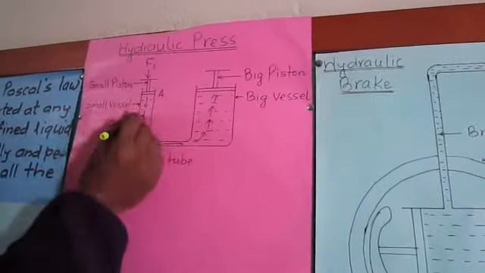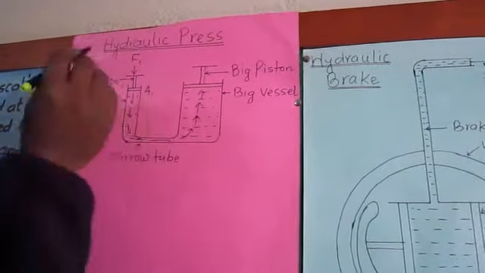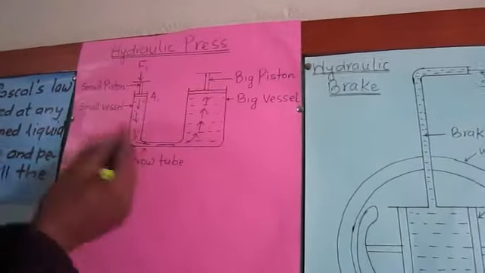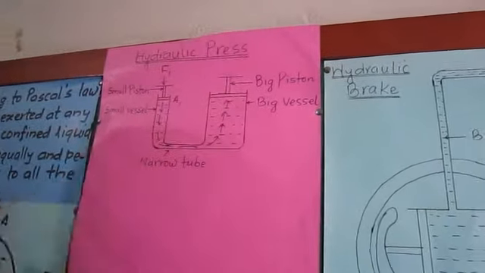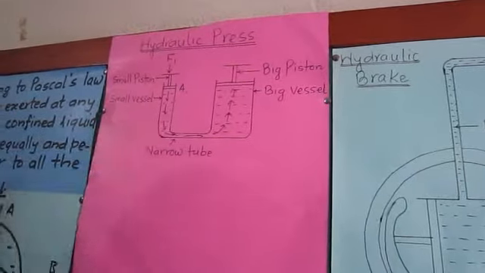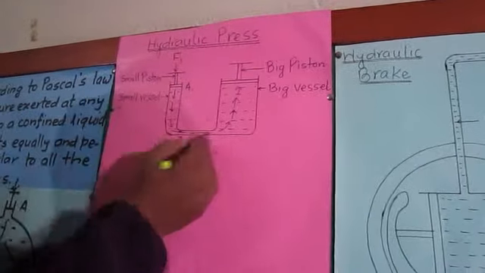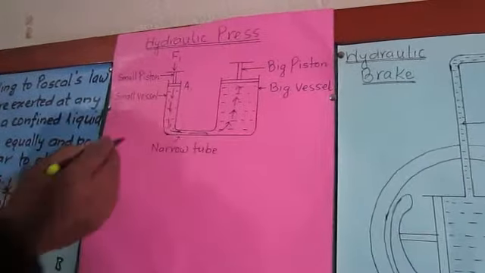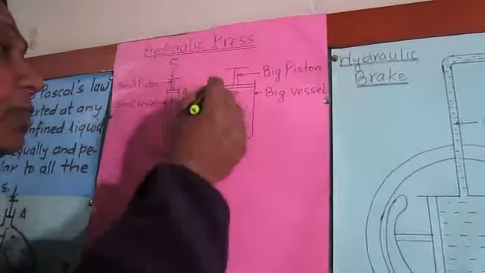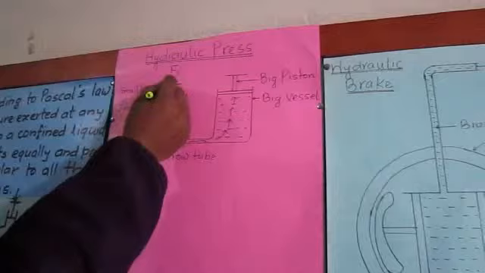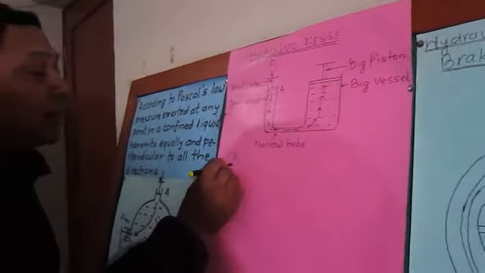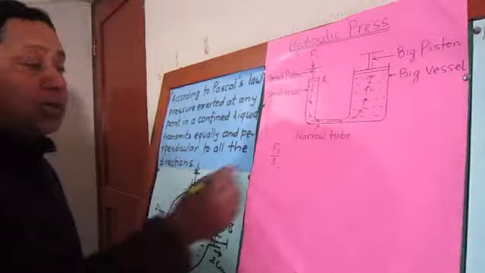Now this liquid transmits pressure from the small piston to the big piston according to Pascal's law, because Pascal's law says that pressure exerted at any point in a confined liquid transmits equally in all directions. That's why the same pressure now transmits to the big piston also. Pressure on this small piston can be represented like this, F1 by A1, because pressure equals force by area.